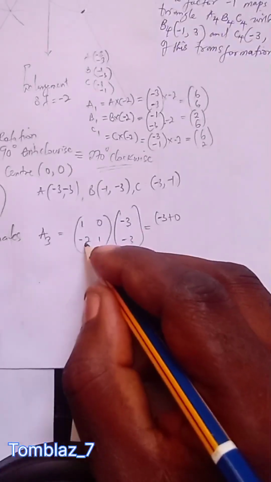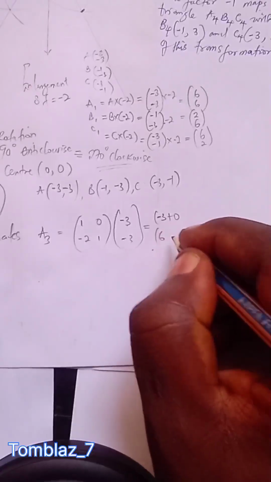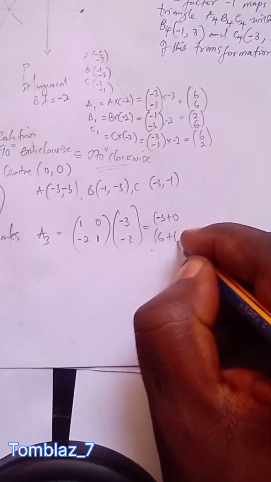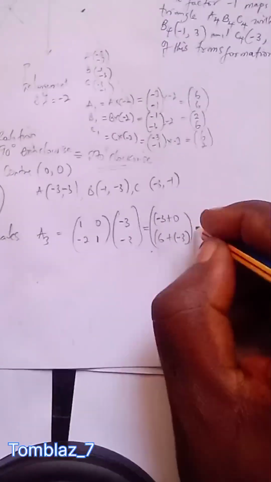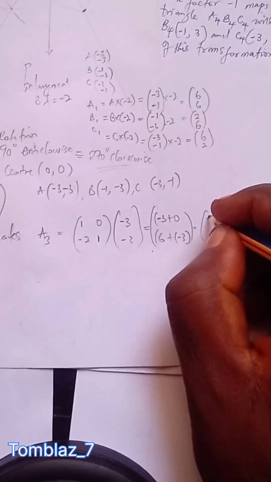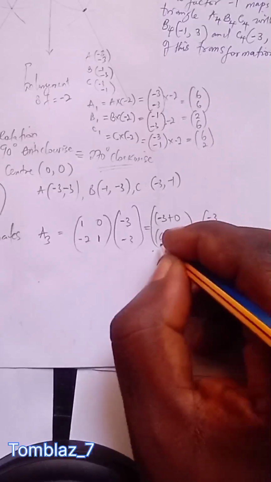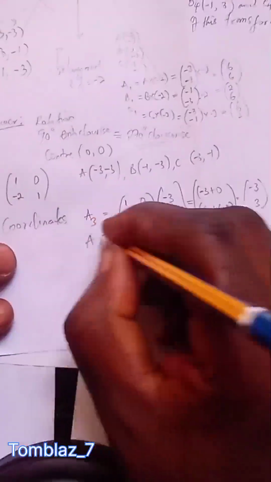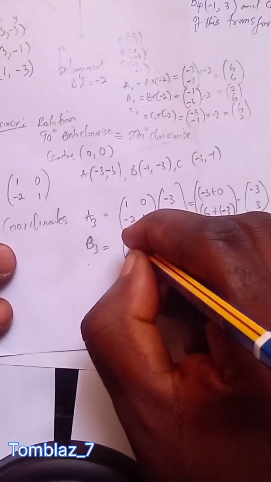Then for this, -2 times -3 will give you 6, plus 1 times -3 will give you -3. So the coordinate is going to end as (-3, 3), because 6 minus 3 gives 3. So we have gotten the coordinate for A3. So let's go for the coordinate for B3. For B3, we'll still use the same matrix.